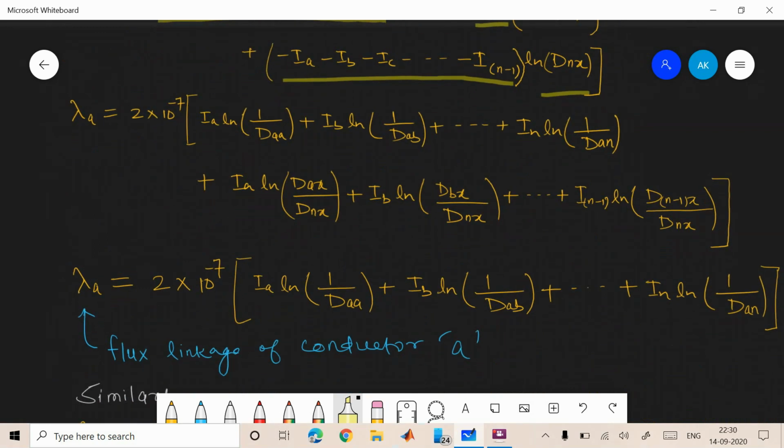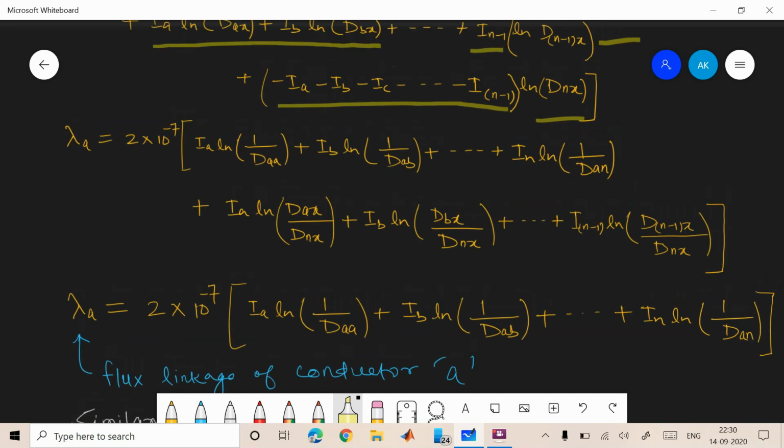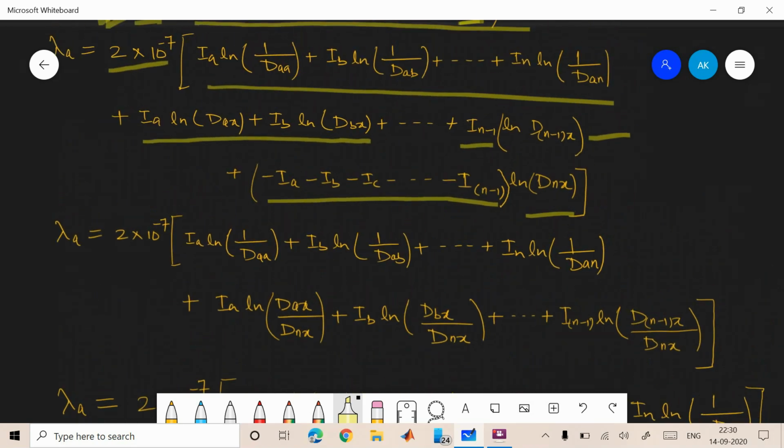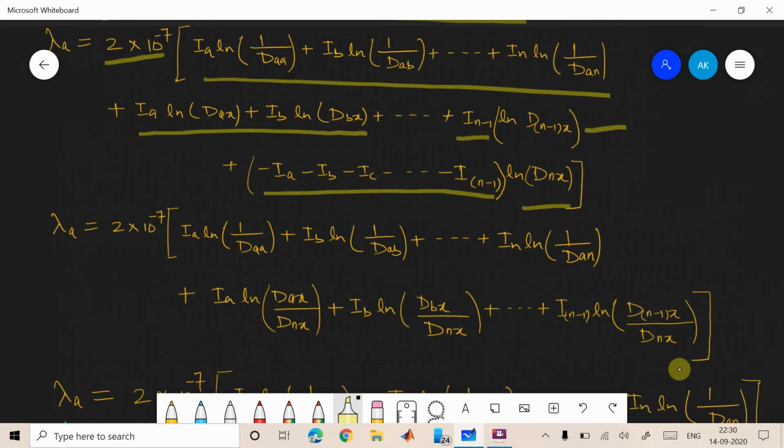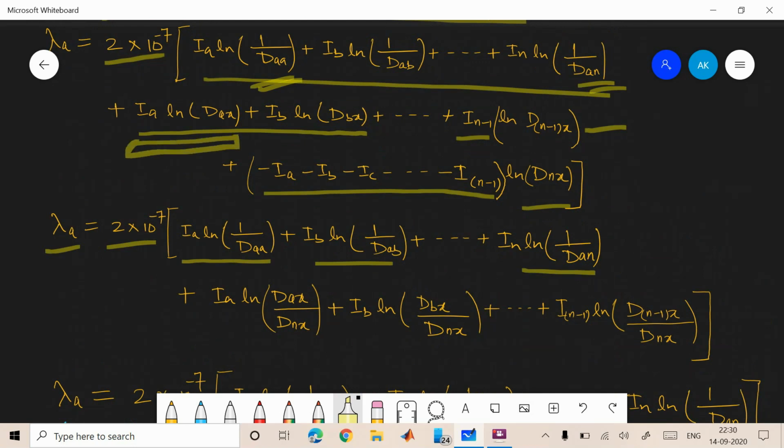Now you can see from here that your lambda A will become 2 into 10 raised to the power minus 7 IA ln 1 by dAA, same as above, IB to IN, same as above. Okay. From here you can see that this term IA plus ln dAX, see this term, and see here the next term, minus of IA ln dNX.